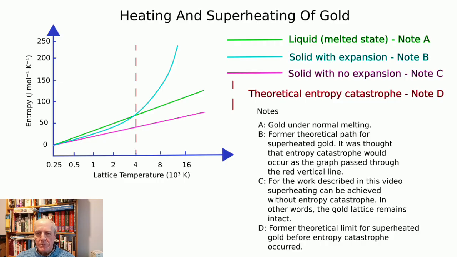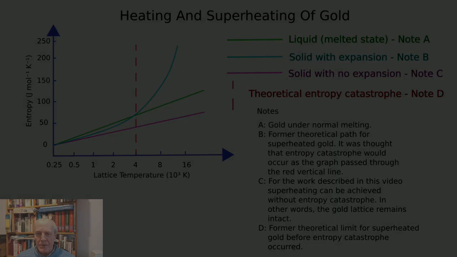In other words, the technology at the time wasn't available to probe a temperature level of 4 times the melting point. The current work, though, did manage to probe this particular point. In fact, they went way beyond it, as we will see.